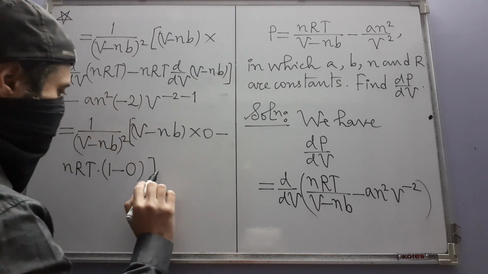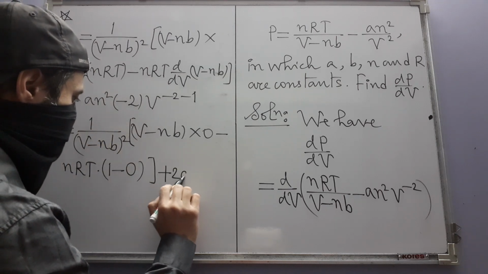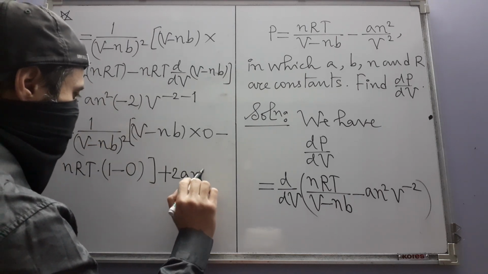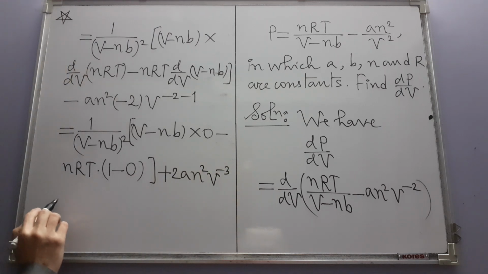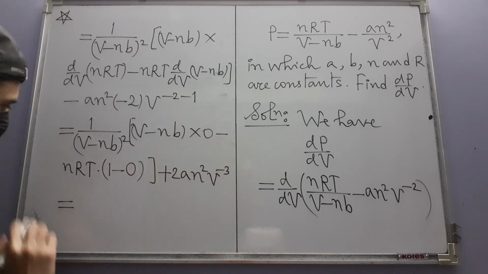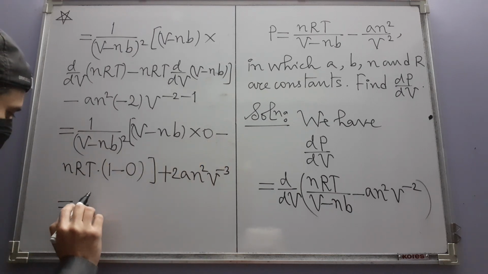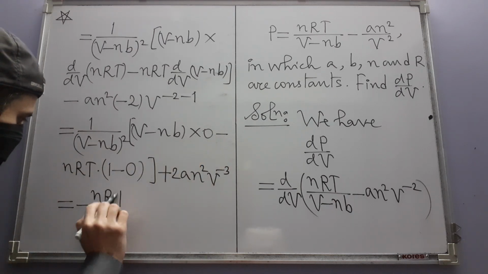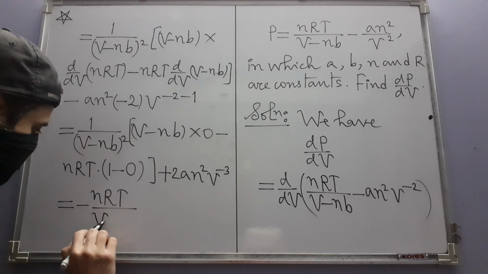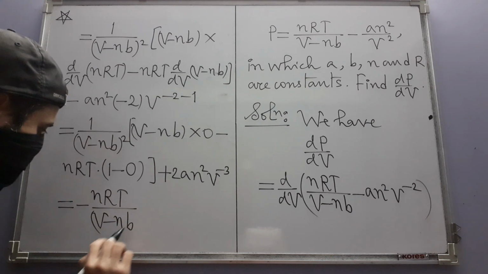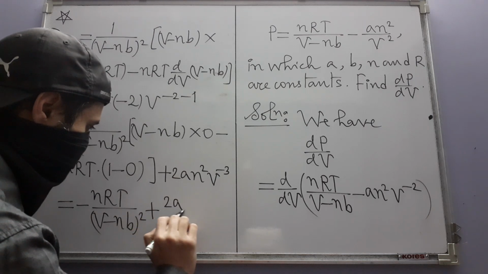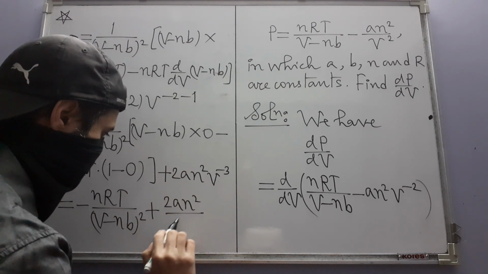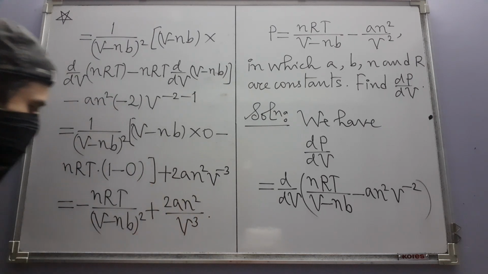Here minus and minus will give us plus, so 2a n square times V to the power minus 3. That means this term vanishes and we have minus nRT here. nRT divided by the square of V minus nb plus 2a n square divided by V cube.